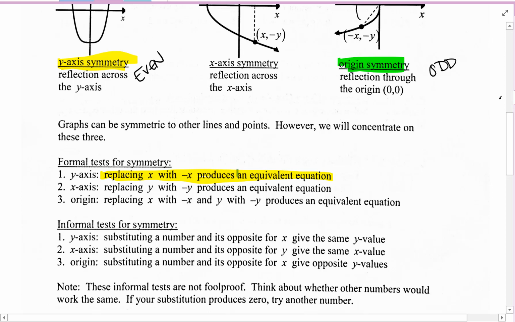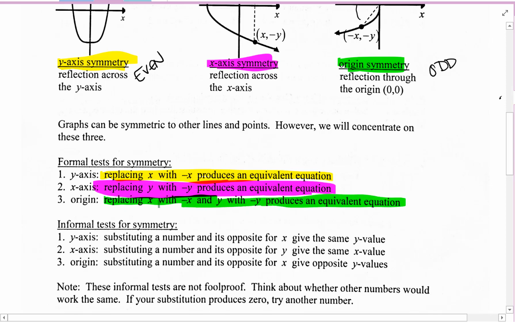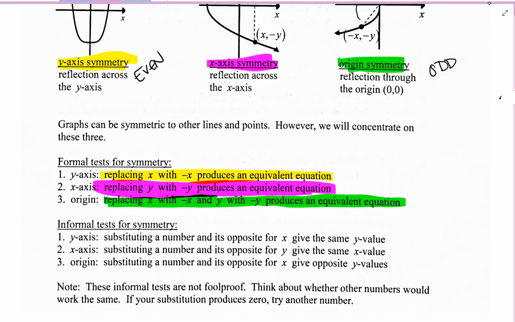For x-axis symmetry, you replace y with negative y. Now this one we've not practiced, but it's very similar to checking for y-axis symmetry. And the last one, for origin symmetry, you replace x with negative x and y with negative y, and if you get the same as the original equation, then you have origin symmetry.